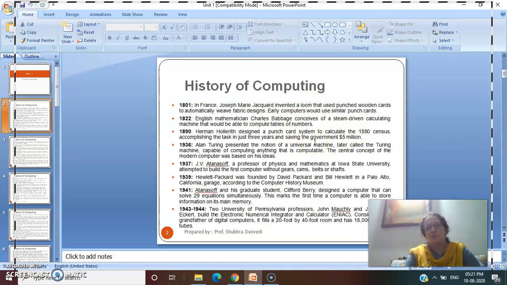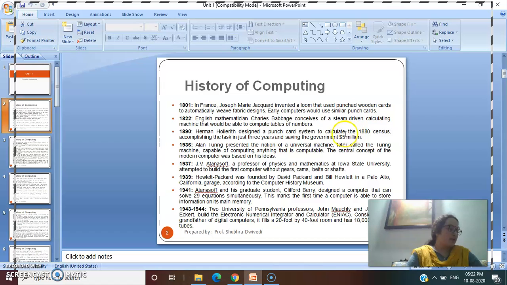There was so much population, so much data, that no tool was available with the government to tabulate it. So at that time it came into the minds of the US people to make something so that the data can be tabulated. They wanted to develop something for tabulating the data.